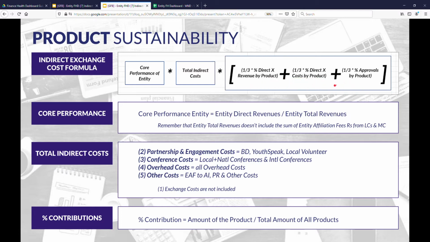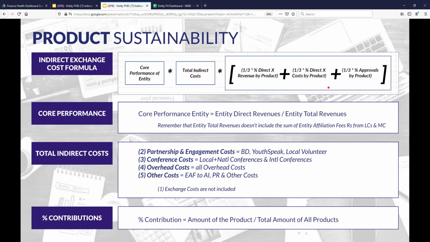The reason is that we want a more holistic contribution on how much would be allocated to different products, because you cannot say that just using direct revenue, where some products have low direct revenue and then very high direct costs or very high approvals.